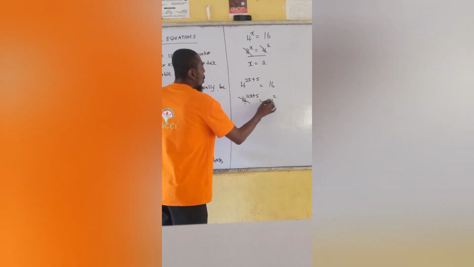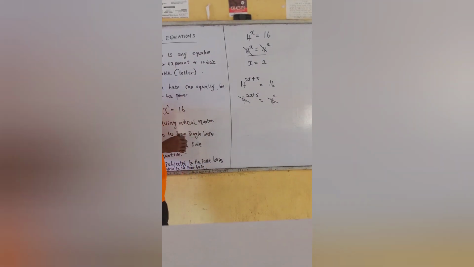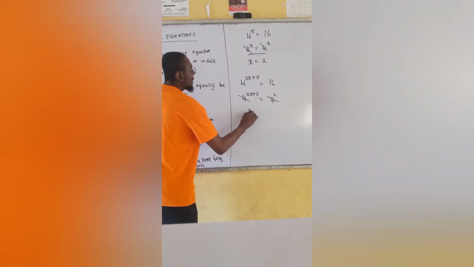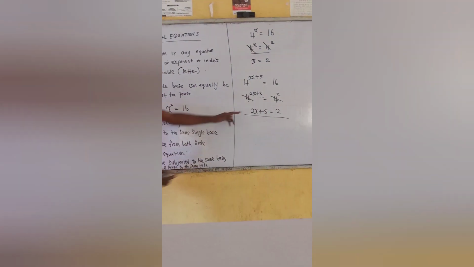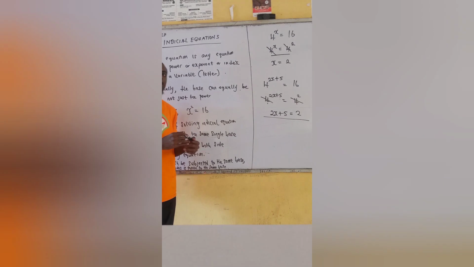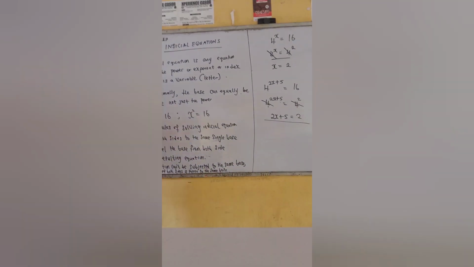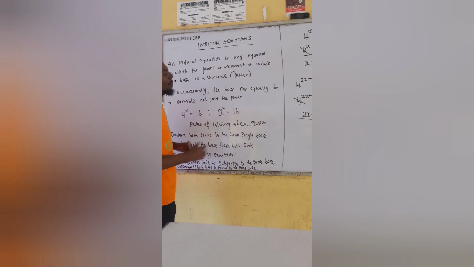When you drop or cancel the base from both sides, you find out that the answer is not yet out. Rather, it gave you an equation which you have to solve. So, having cancelled the base from both sides, the next step is to solve the resulting equation.